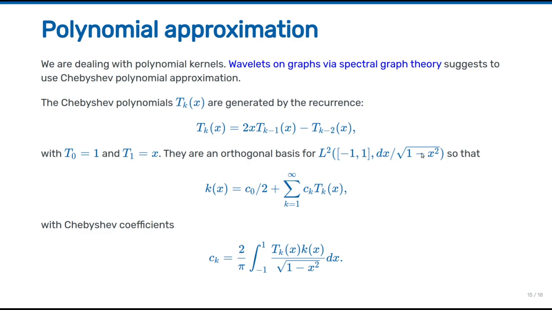One interesting thing to note here is that this measure will explode when you are close to -1 and 1, the boundary of this interval. So if you are trying to approximate a function on [-1, 1] with Chebyshev polynomials, the errors you make close to the boundary will have a huge impact because of this measure.